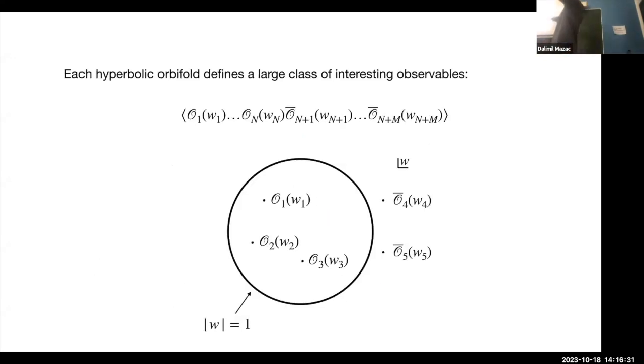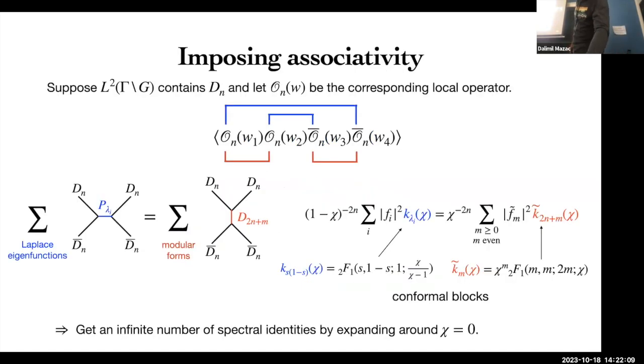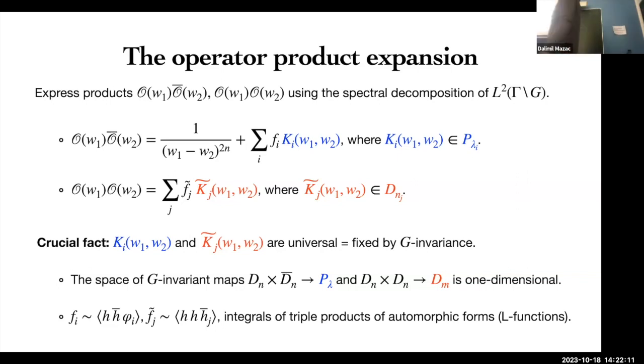So for each hyperbolic orbifold, you can define this class of correlators. This is what I was saying: the boundary of H2 lives here, and this is its complexification. Sorry, maybe the boundary is more like the real line, the circle. Okay, so we have an OPE. Let's see if I can make it past this slide.